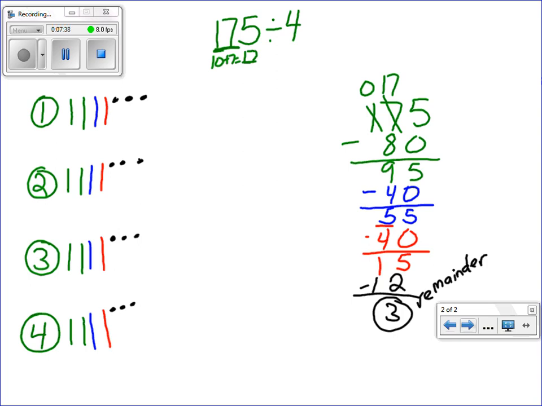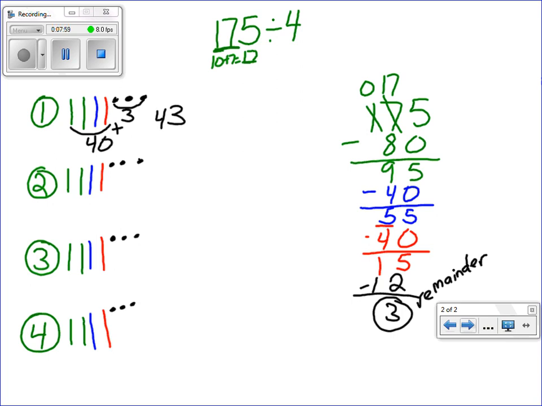Now, I'm going to look at my groups, and I'm going to see how much is in each group. Now remember, each one of those lines stands for a 10, and the dots stand for a 1. I have 4 tens here, so that makes 40, and I have 3 ones here, so that makes 3. So I have 43 sitting in my first group.